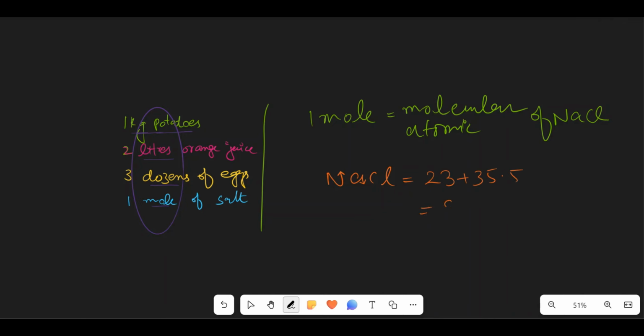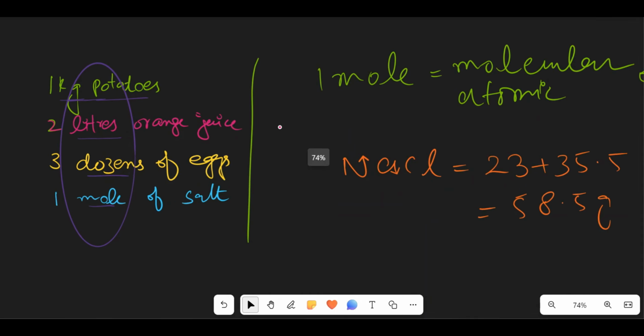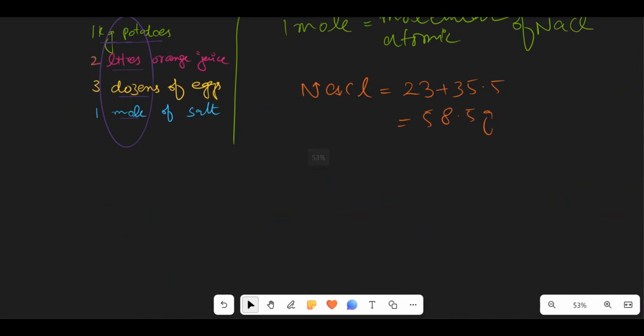Now it makes 58.5 grams, nearly 58. And what is 1 mole of water? What is the molecular formula of water? It's H2O. And what is the molecular mass of H2O? It becomes 2 for hydrogen and 16 for oxygen, and it becomes 18 grams.